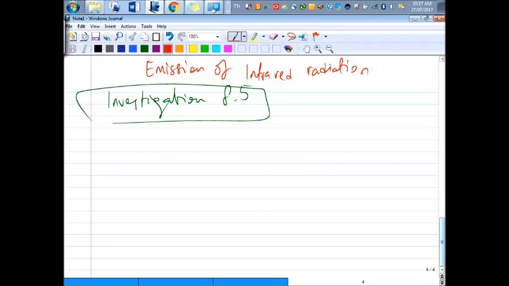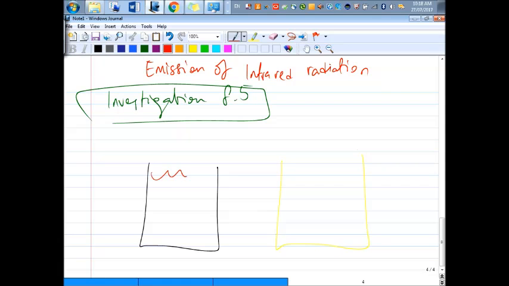So what do we have? We have two tins. Okay, one black tin. And they said that, yeah, it's just black. Then another one, we have a shiny one. I am just going to use yellow color to represent the shiny tin. And inside, we have boiling water.